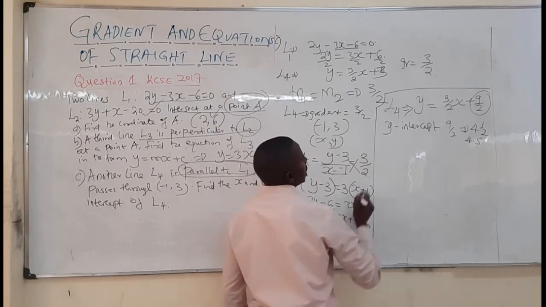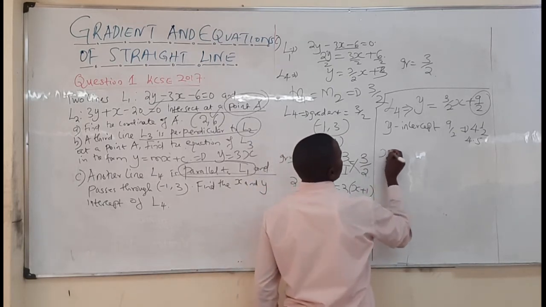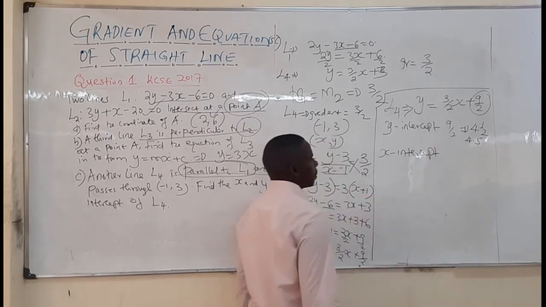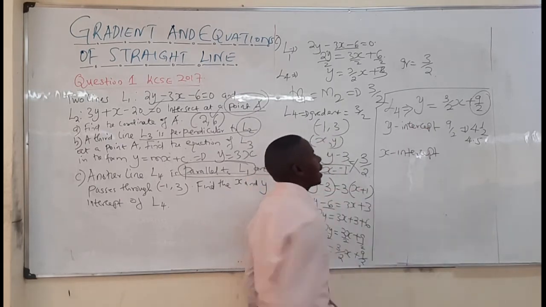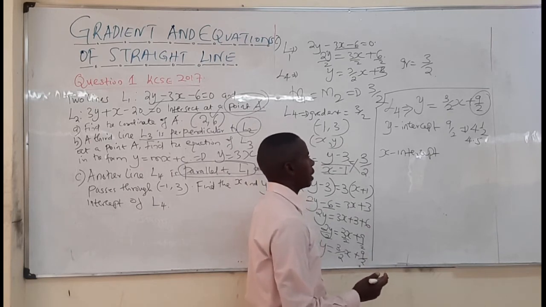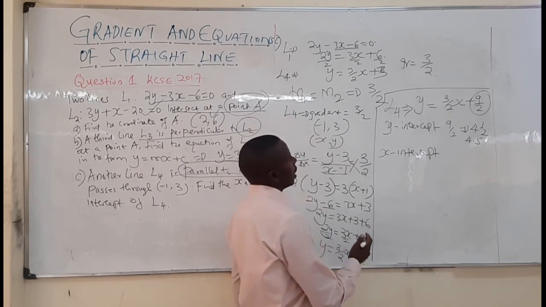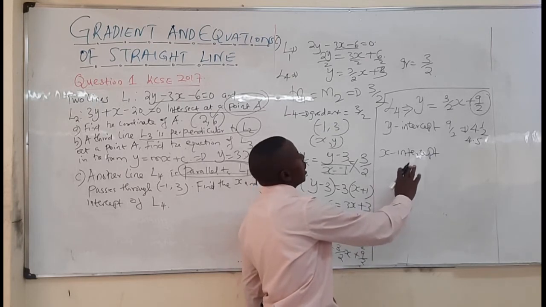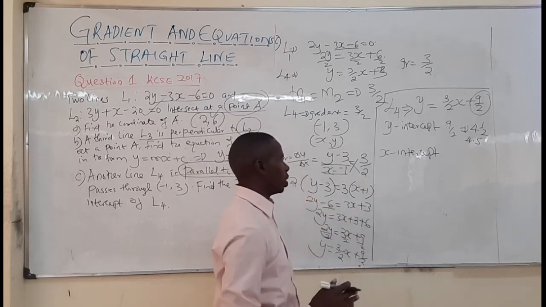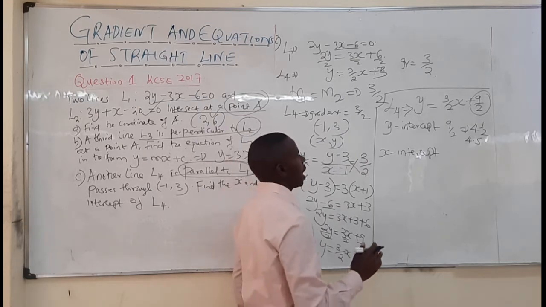Then for the x-intercept, the y-intercept is where the line cuts the y-axis, and the x-intercept is where the line is cutting or crossing the x-axis.